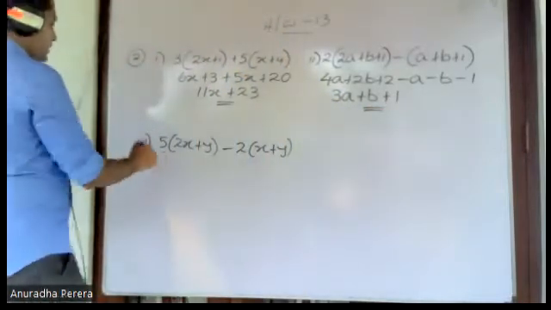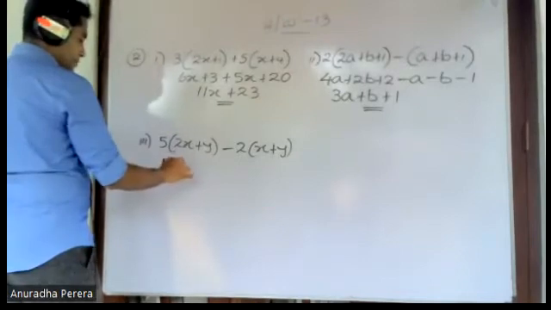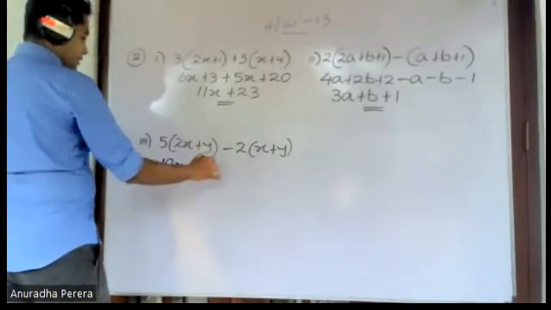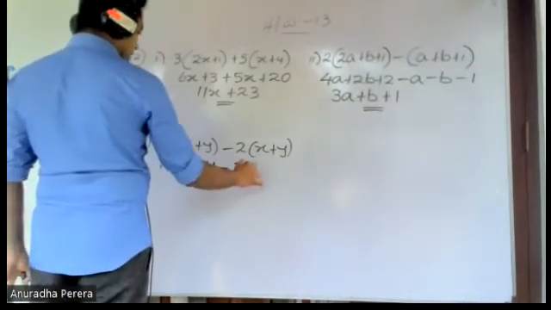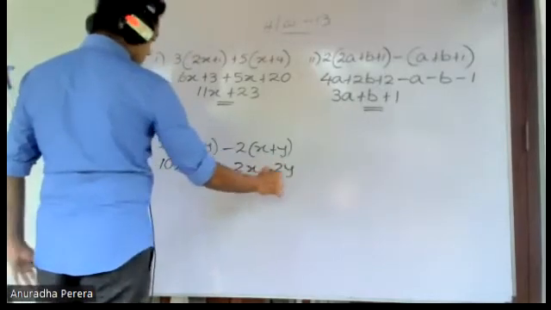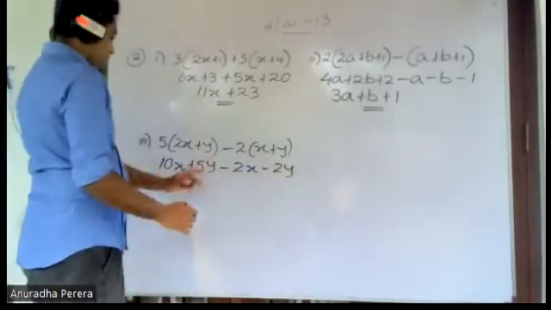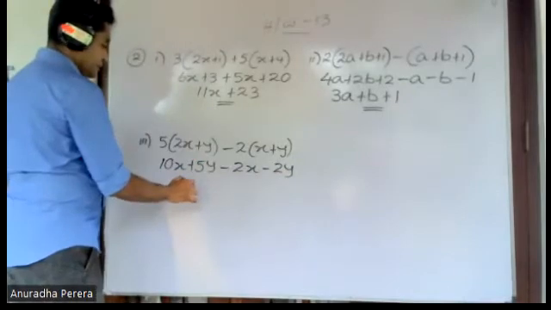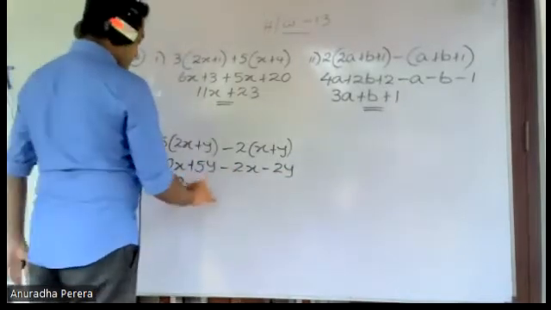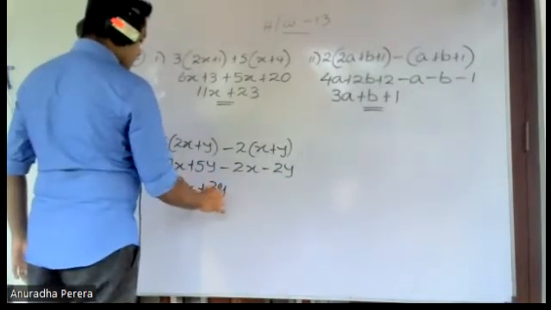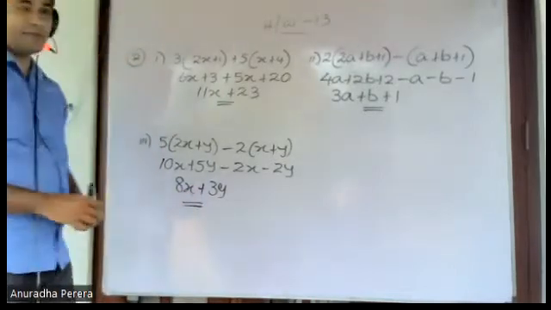Next one, 10x plus 5y minus 2x minus 2y. 10x minus 2x, 8x, and 5y minus 2y, plus 3y.